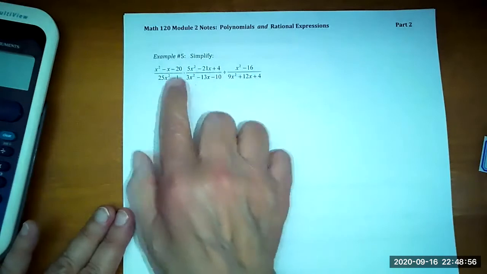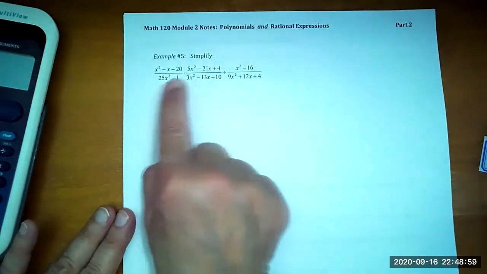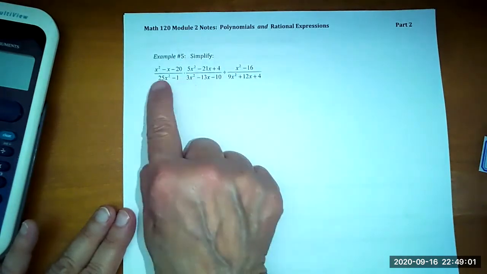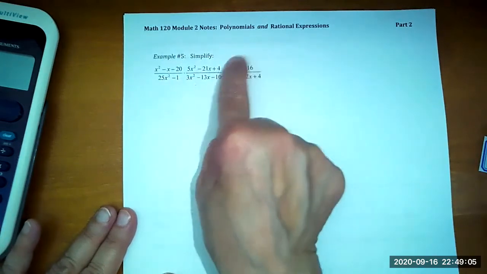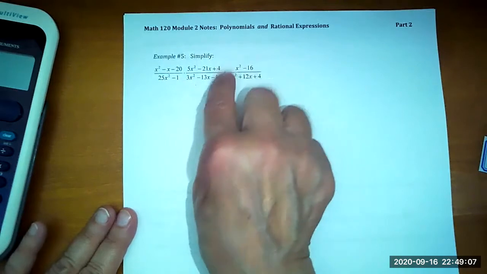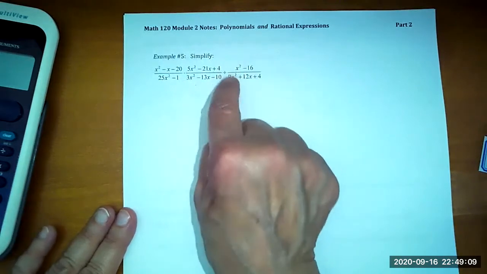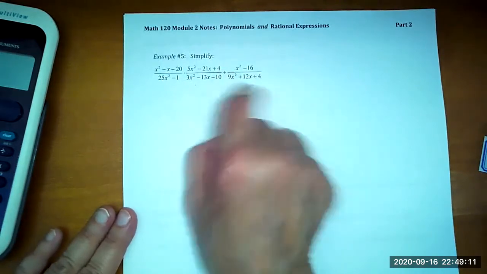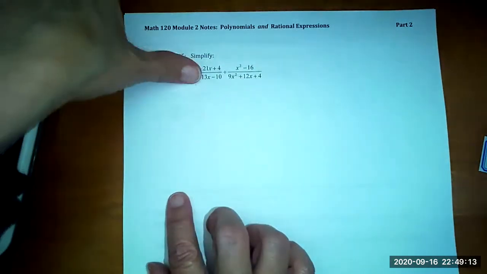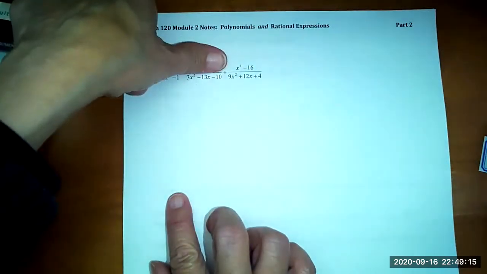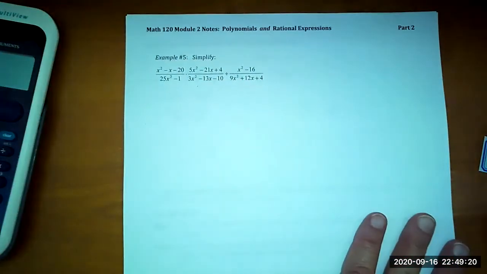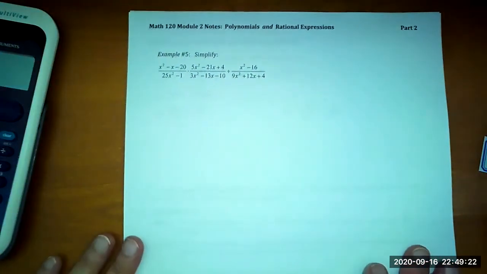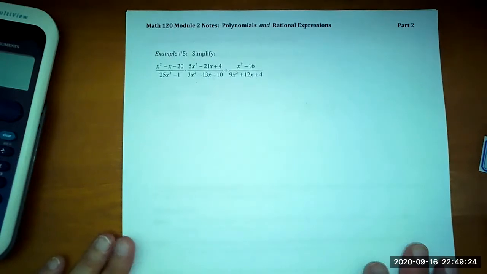We need to know the domain of this, the denominator and numerator. We only find the domain of both the numerator and denominator of the one that's doing the dividing. So, domain of both. I'm not going to write them out, but I'm just going to say that's what we have to do. So pieces and parts.